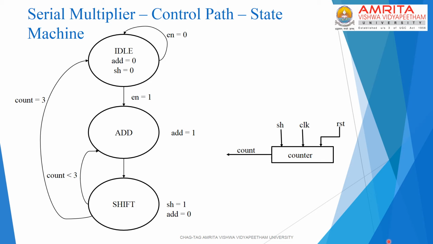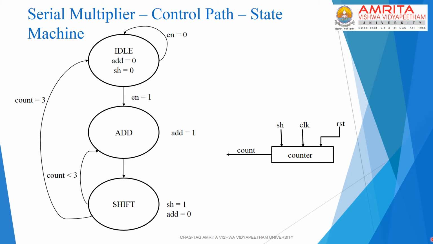The state machine remains in the add state for 1 clock and it transitions to the shift state if the count happens to be less than 3. And in the shift state, the shift control signal is asserted. So this is in keeping with the sequence that we saw while discussing the timing diagram.